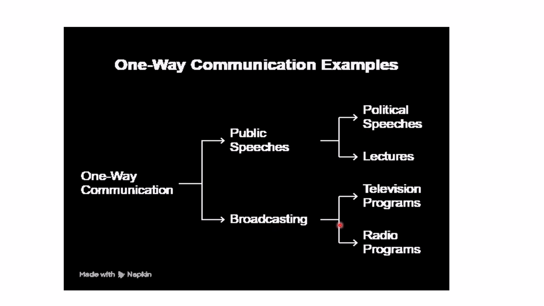And also broadcasting, television programs, radio programs, reading books, reading magazines, emails, reports, notices, and brochures, notice boards, presentations, advertising, marketing campaigns, corporate announcements. All these are examples for one-way communication. Here the information flows in a single direction from the sender to the receiver.